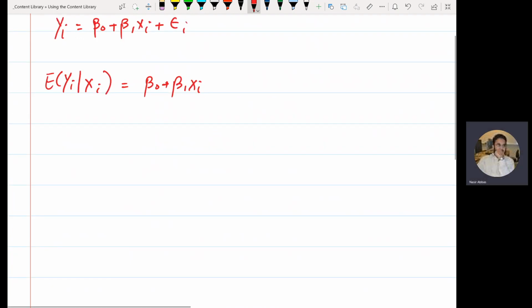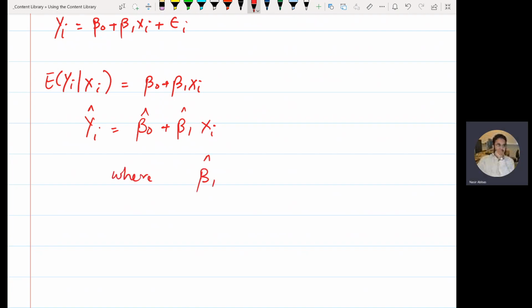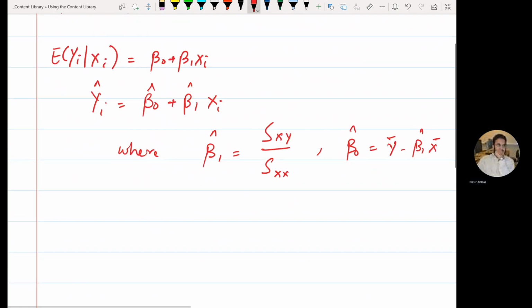To estimate this line, you have an equation, where beta 1 hat is Sxy over Sxx, and beta naught hat is y bar minus beta 1 hat times x bar.